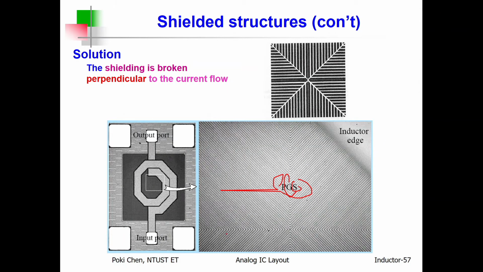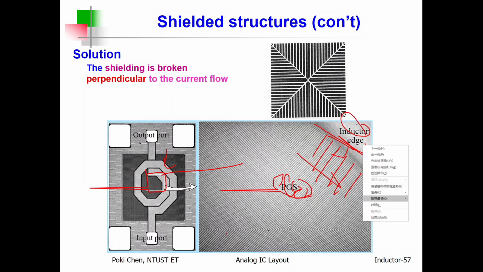That's it. Yeah. So allow me to show you some kind of real photo. To the top, that is the spiral inductor. To the bottom, that is the PGS. And allow me to zoom in on this portion for you. You can see that is the edge of the inductor, and you can see the metal lines for shielding, actually they are perpendicular to the inductor lines.